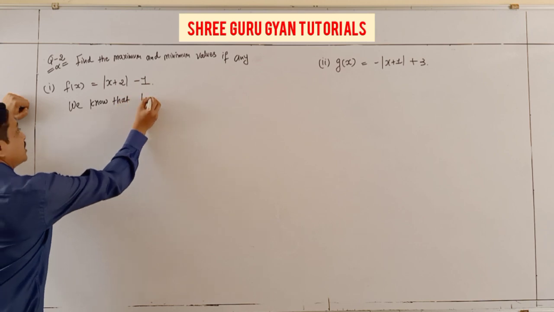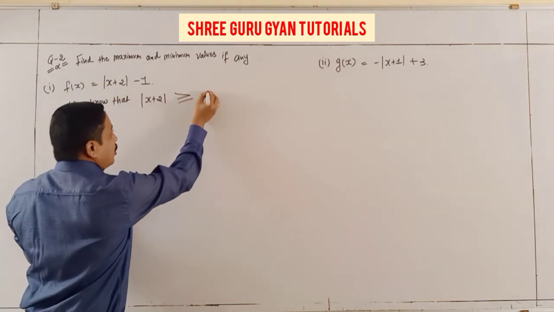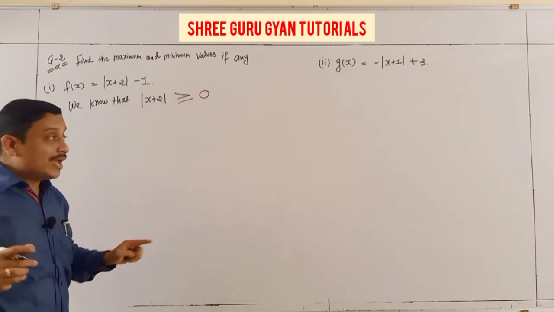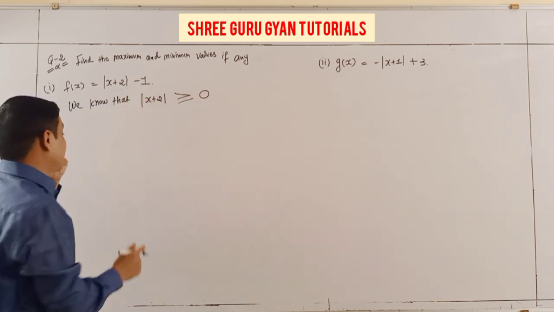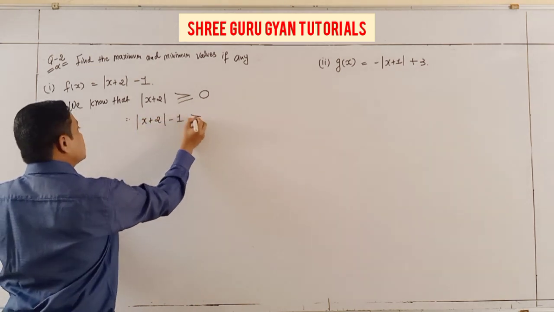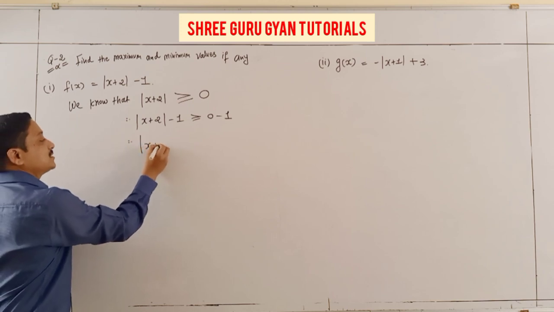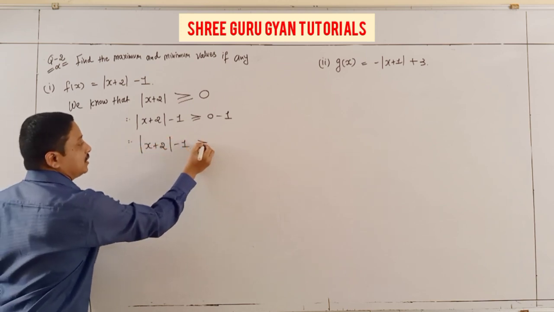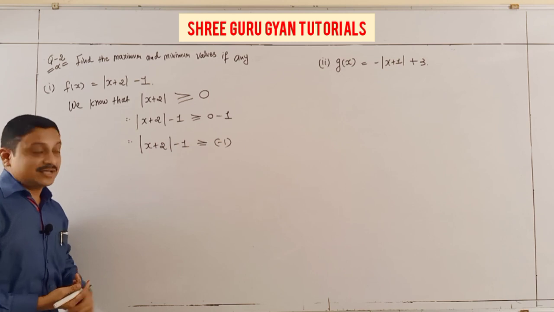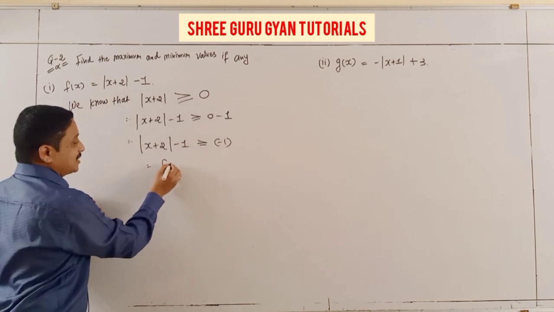Every modulus value, any number, is greater than or equal to 0. And in that I just subtract 1. So I subtract 1 here and that also 1 subtract. It means |x+2| - 1 is greater than or equal to -1. That value is what? It is your f(x).